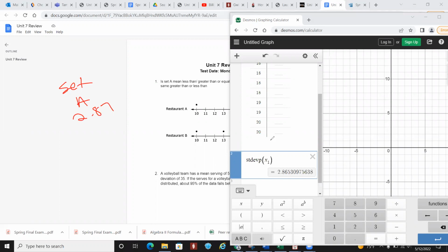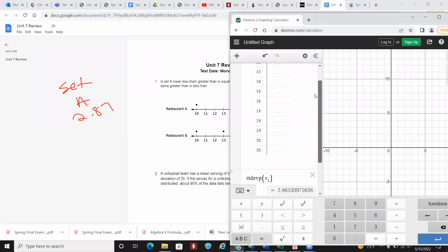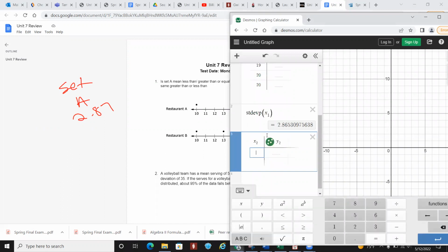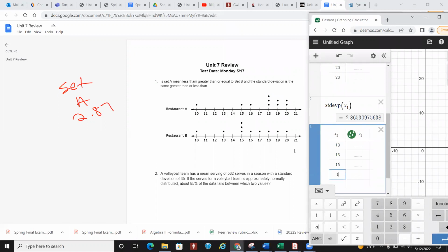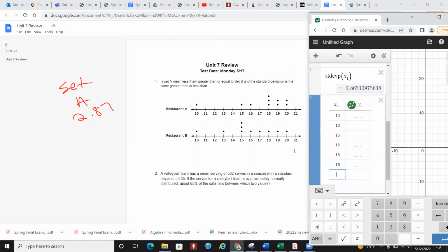Okay, for set B, you're going to do the exact same thing. The only thing is you need to make sure that you clear your list or you start a new list. So remember, when you type out this list, you're going to hit the little plus sign, hit the table, and then type out all your numbers into this list. So it'll be 10, 13, 15 three times, 16, 17, 18, 19, and 20.